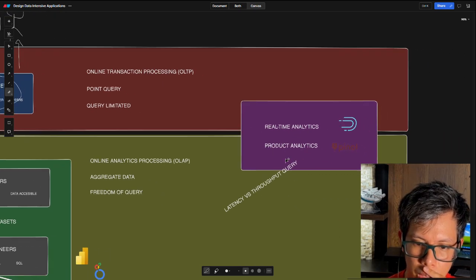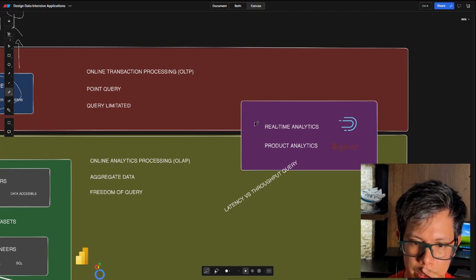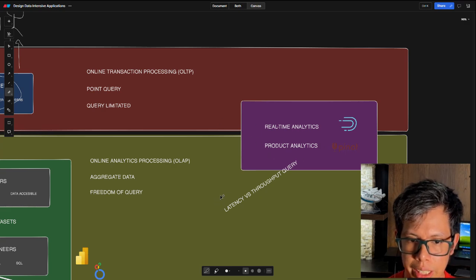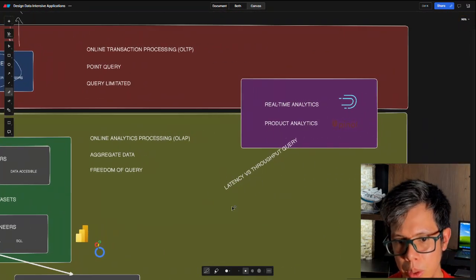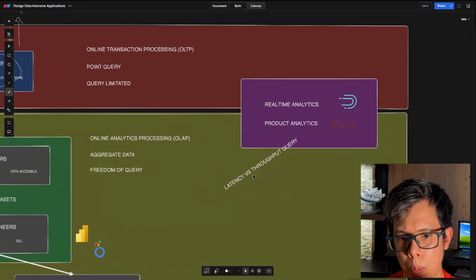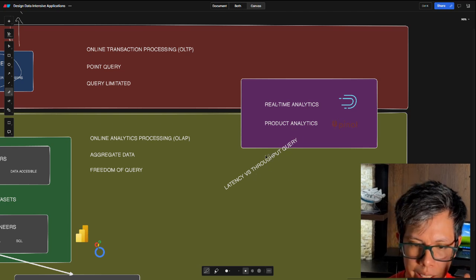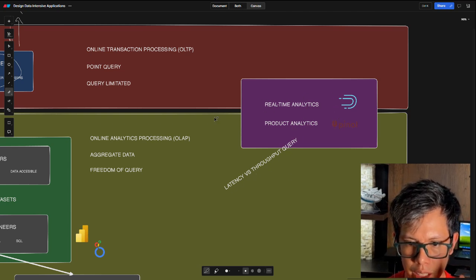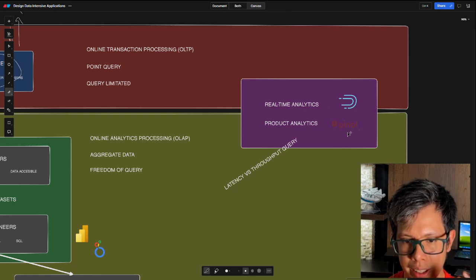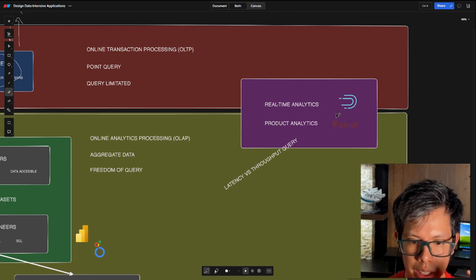Okay, and you have to know that obviously not everything is good for this layer, because it's not equal to the analytical system. You have to decide between latency or query throughput. Actually, in this case, the latency of this layer, the real-time analytics, will be higher, right?